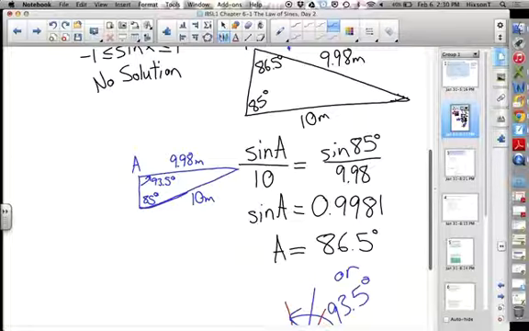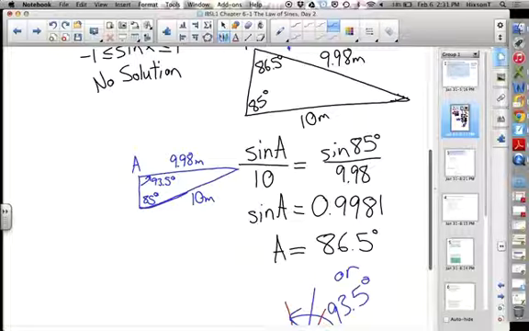Yes. How did you get the 93.5 again? I used the reference angle because sine is positive in the first and second quadrants. So because triangles can go up to 180, I could have the first quadrant or the second quadrant angle. We don't need to worry about this with tangent or cosine because you're either going to have a positive, which will give you the first quadrant, or a negative, which will give you the obtuse angle.